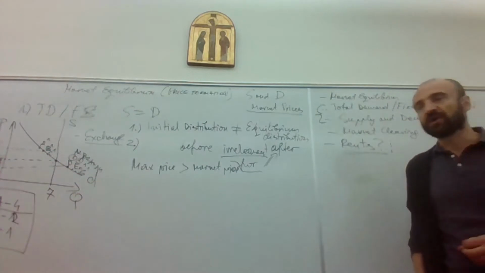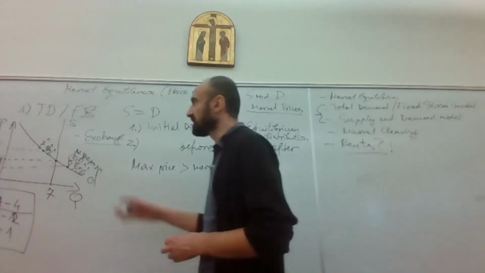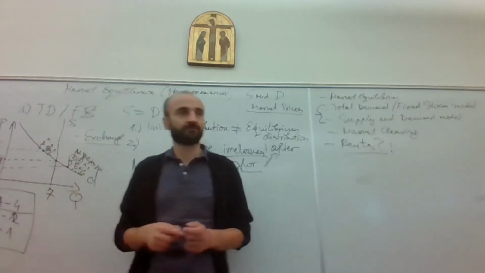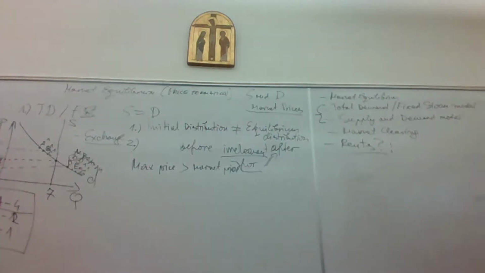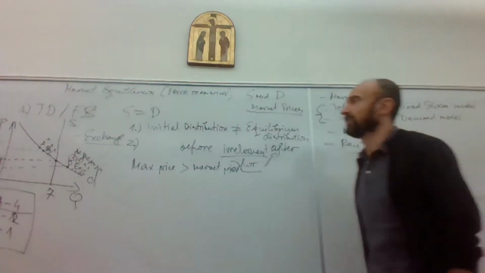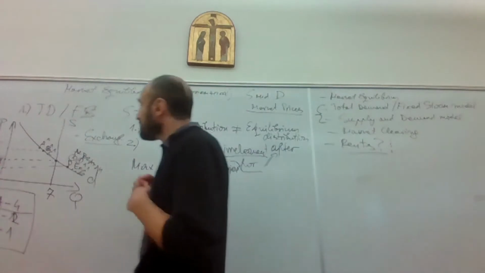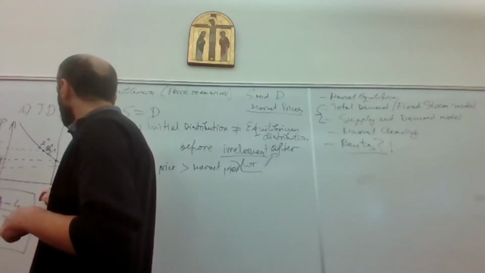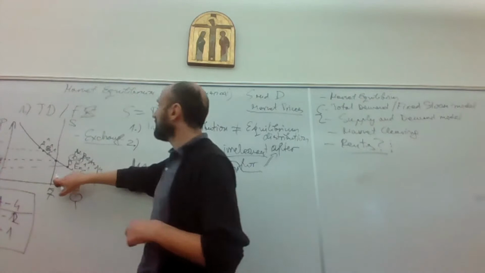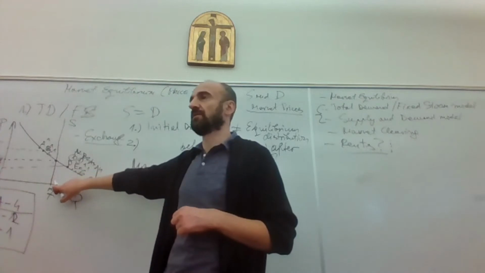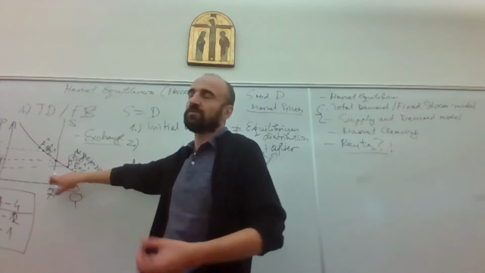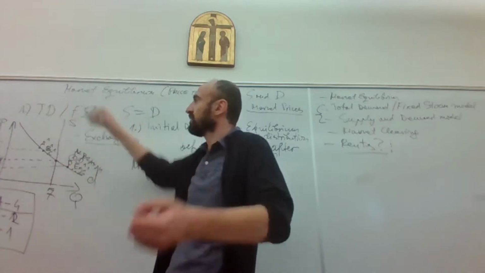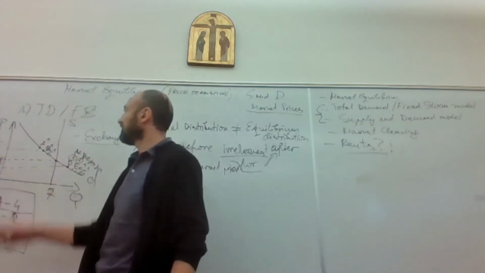Equilibrium price is a price at which goods or services will be traded, and equilibrium quantity is the quantity that will be exchanged. In this particular case, that's not quite correct. The quantity here is fixed. So you cannot talk about equilibrium quantity here because the quantity is what it is, but you can talk about equilibrium price.